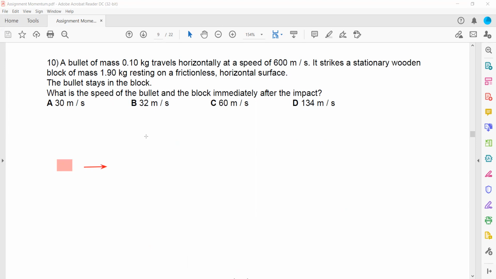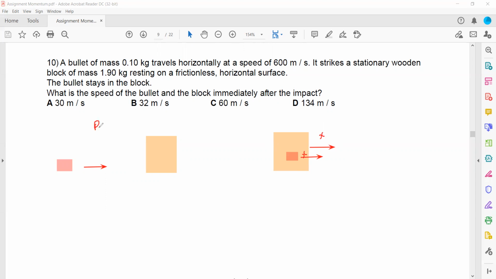It collides with a block of mass 1.9 kilogram which is at rest, and the bullet stays in the block. So after the collision they are moving together. When something sticks together, both are moving with the same speed. You can say x, you can say v, that does not make a difference to the final value.